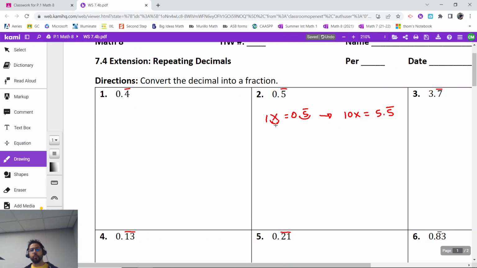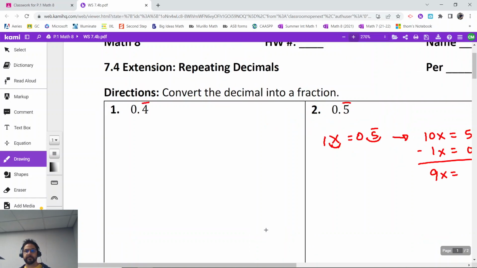The original one, the 1x, is going to be brought below. So we're going to write 1x is equal to 0.5 repeating. But remember, we're going to subtract. We're going to find the difference between the two. And the reason we would subtract instead of add is so that those repeating decimals can eliminate.